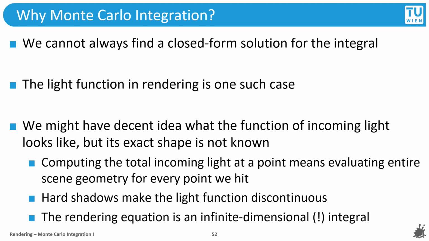The light function in rendering is a particular example of this. The light that is coming in at a point can be influenced by the entire scene geometry. Hard shadows make the light function discontinuous, and we haven't even started yet with the rendering equation, which contains an infinite dimensional integral. So there are plenty of reasons for us to look for solutions that give a good approximation in the absence of an analytical solution.